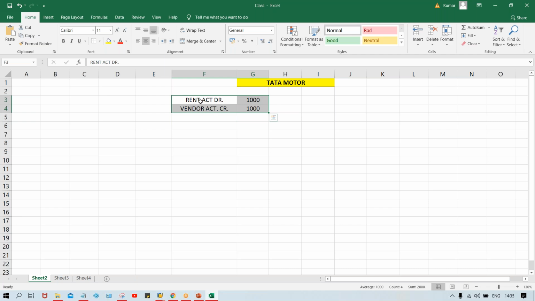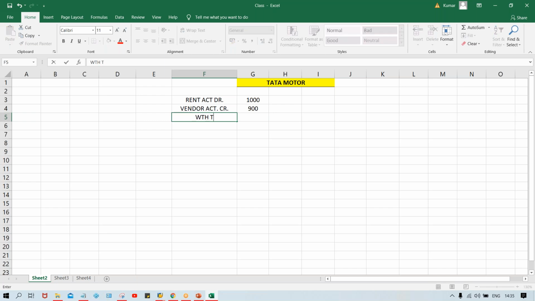So this is the accounting entry for the invoice, right? If tax is going to be deducted, then the vendor is going to be credited with the amount less, let's suppose, 10% withholding tax. And the withholding tax GL account is going to be credited with 100.